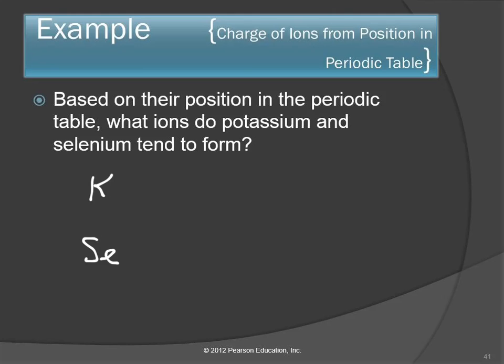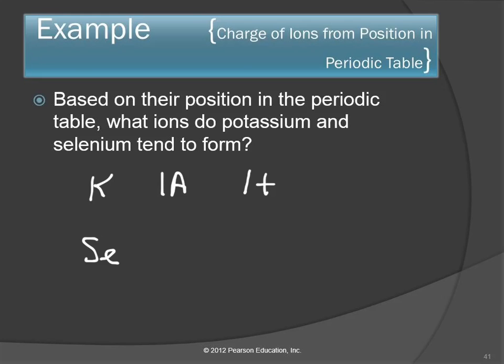So different ways to think about it. We can count around the board, or we can look at the group number. I think looking at the group number for those metals is the best. It's in group 1A, and so that tells us it's going to form a 1 plus ion.